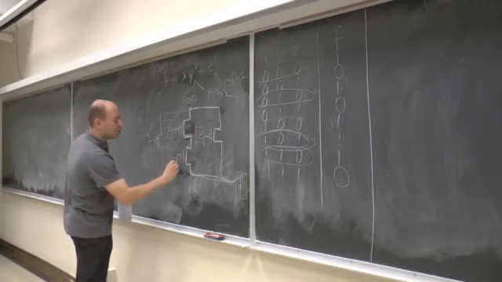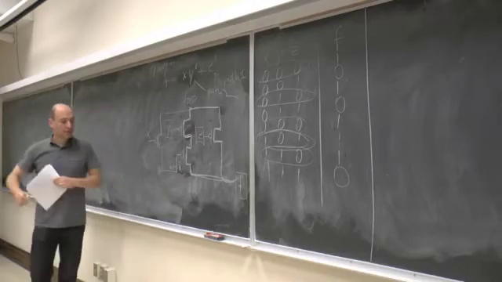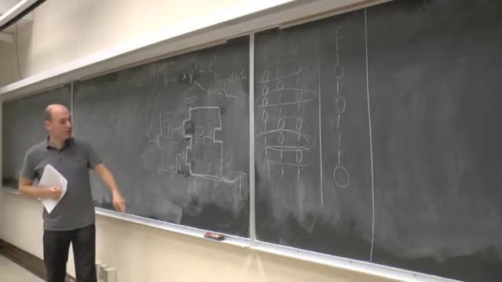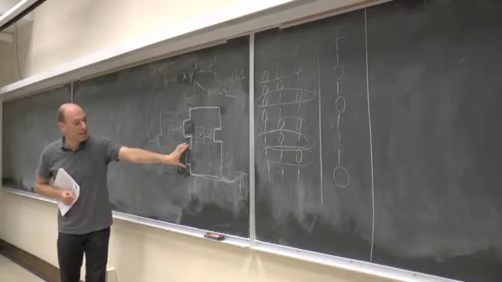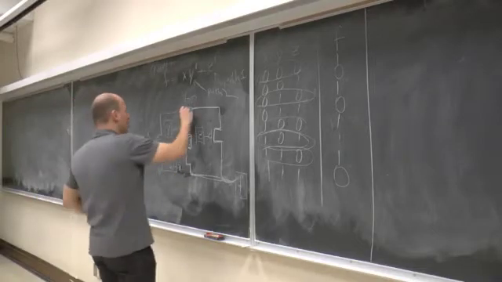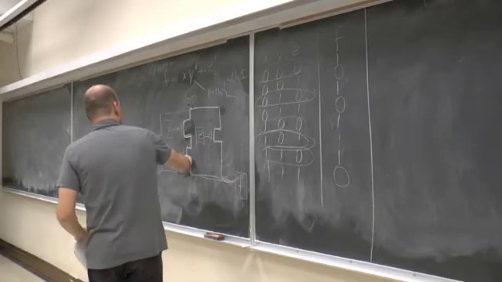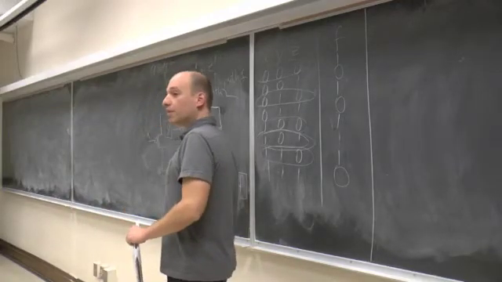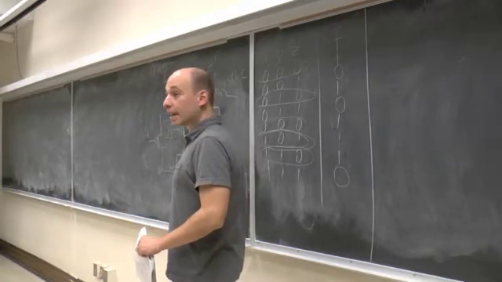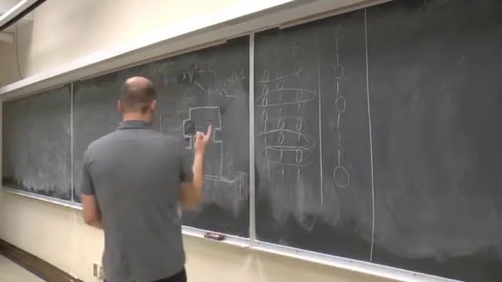W equals not X. When not X is 0, it will connect this. And because these two are in series, we need to open both of those paths, right? Got it? Okay, so that's it.